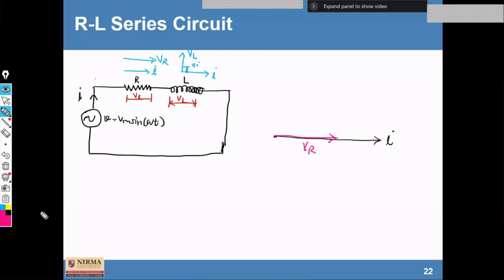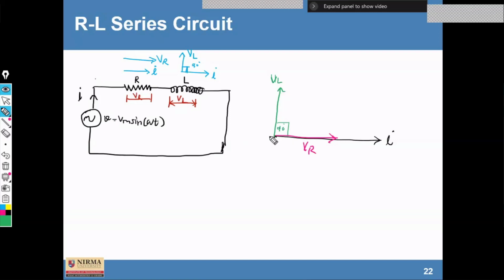Similarly, for the inductive circuit, because the current is the reference vector, we can plot VL at 90 degrees with respect to vector I.